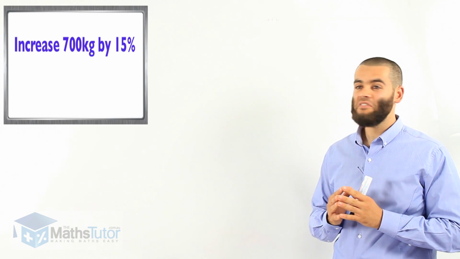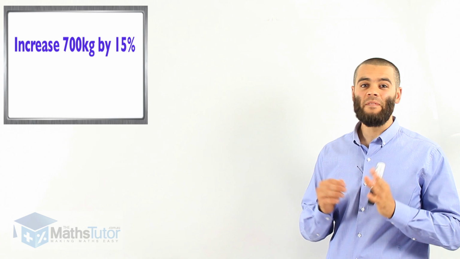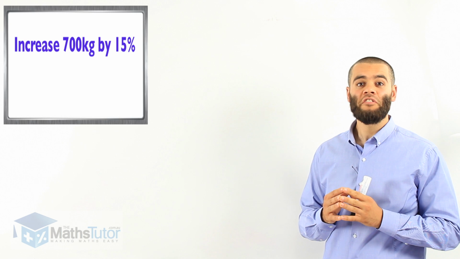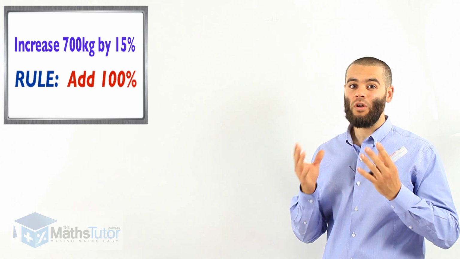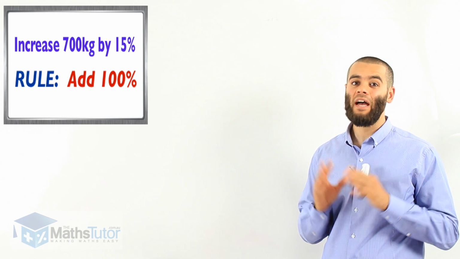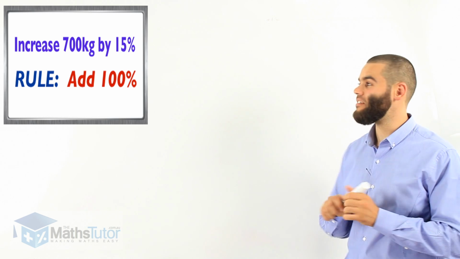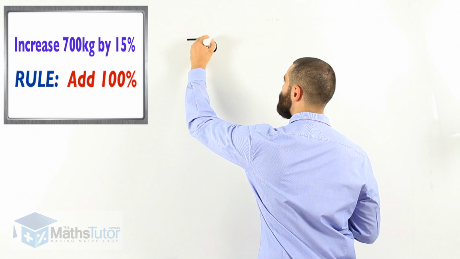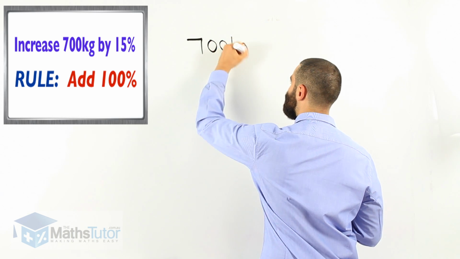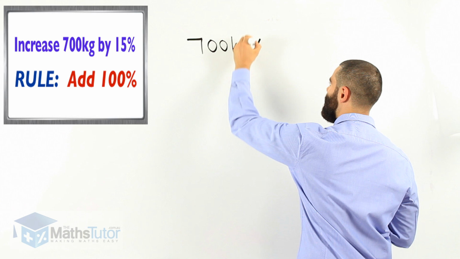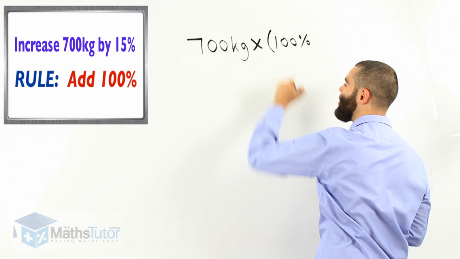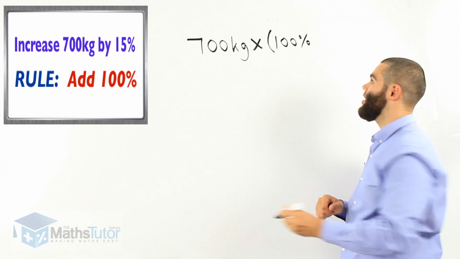The next example says, increase 700 kilograms by 15%. So we're increasing one more time. What do we add to the percent? We add 100%. So 700 kilograms times the 100%, we're going to add it to the 15%.